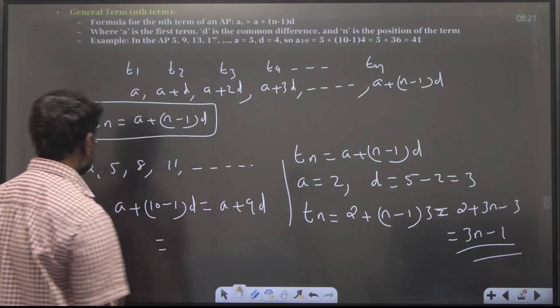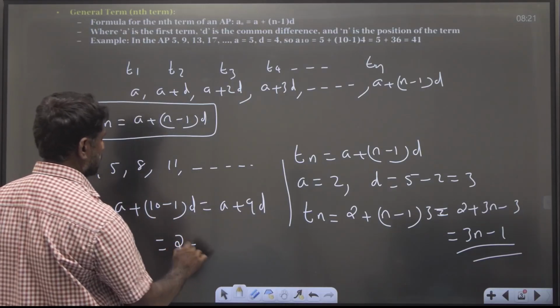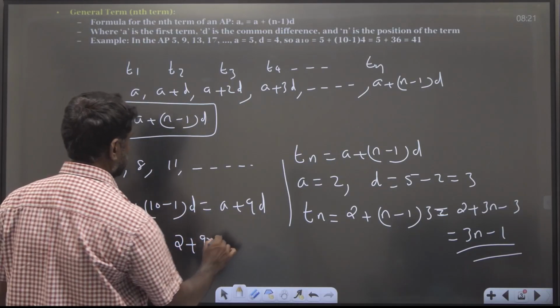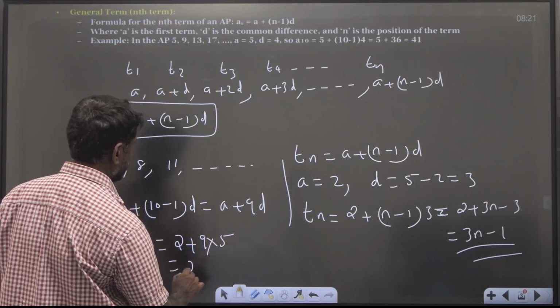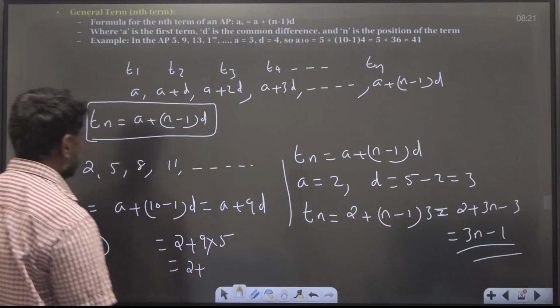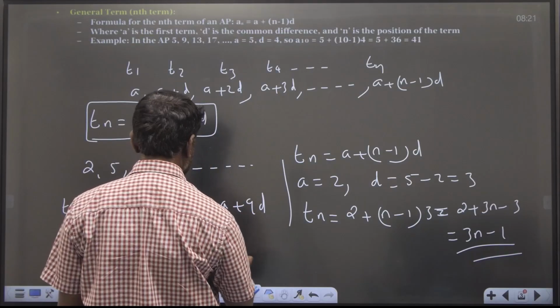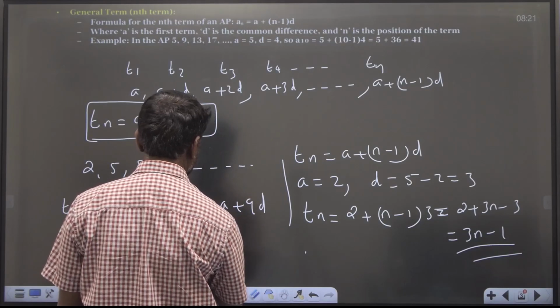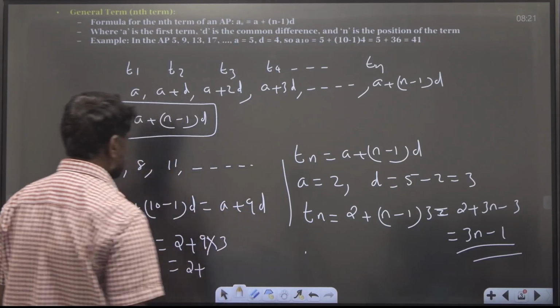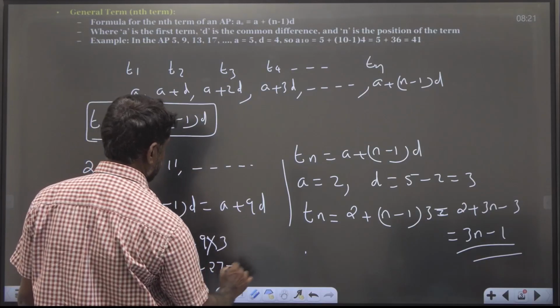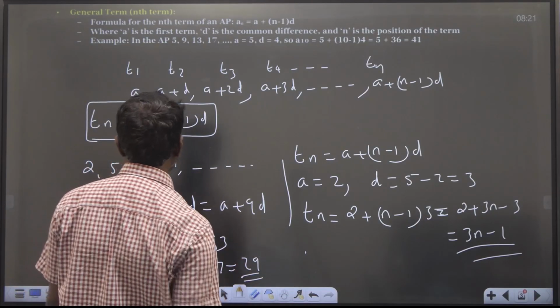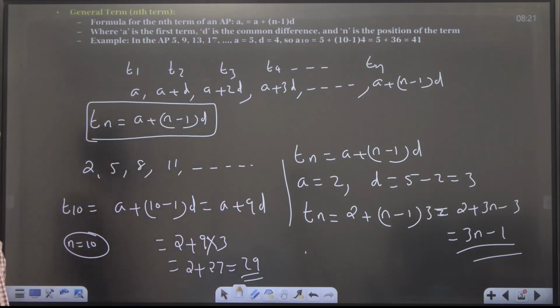What is a? That is 2 plus 9 into d. d is equal to 3, not 5. d is equal to 3. That is 2 plus 27. That is 29, the answer. This is the method.